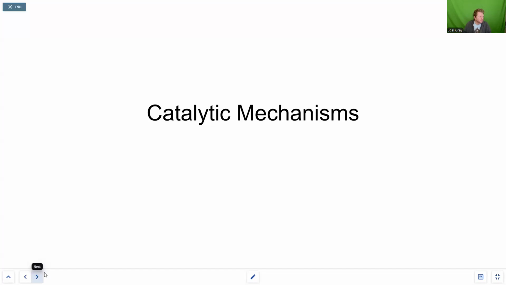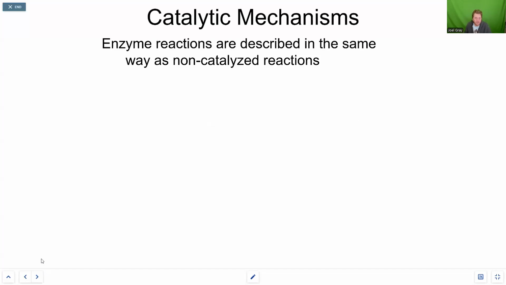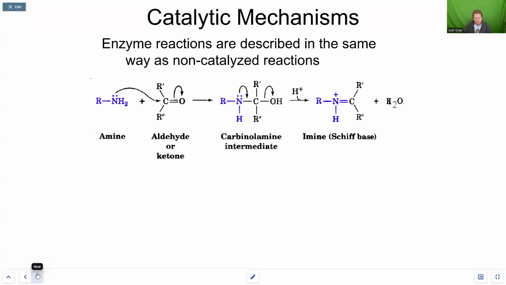When it comes to catalytic mechanisms, enzyme reactions are described in the same way as non-catalyzed reactions. We have basically some electrons that get pushed from this partial negative group to this partial positive group. And from there, we form some sort of intermediate, and that intermediate has a full-on positive charge.